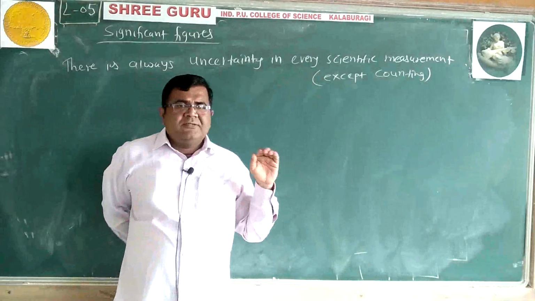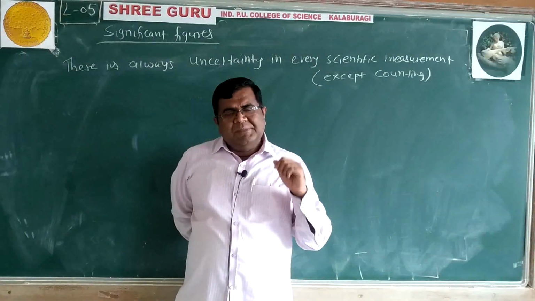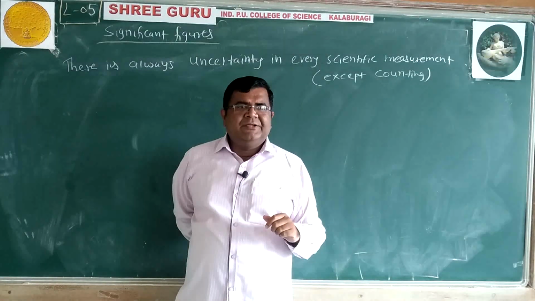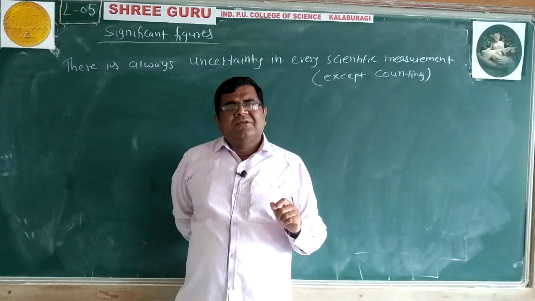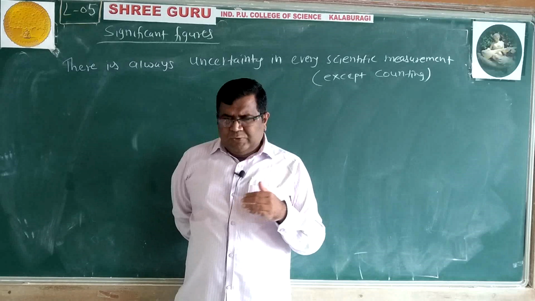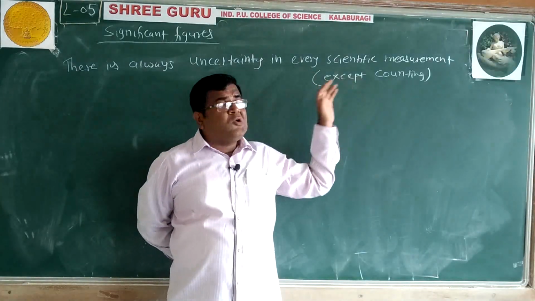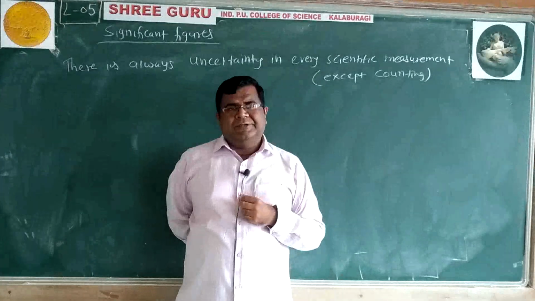So there is uncertainty, means there is a possibility that our results are not 100% accurate. We'll see 2 reasons for uncertainty, but this uncertainty does not exist in counting.